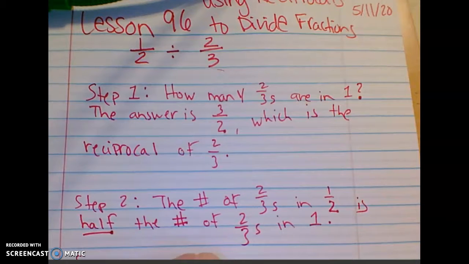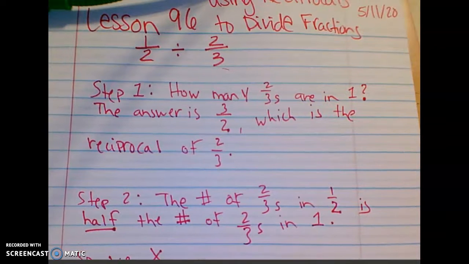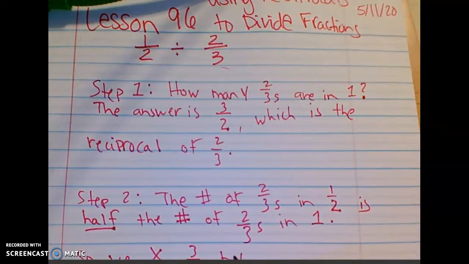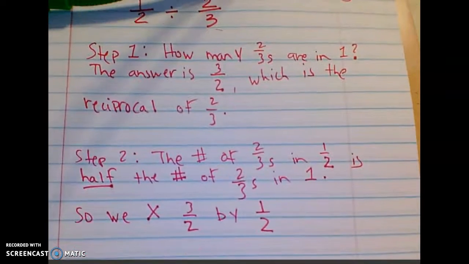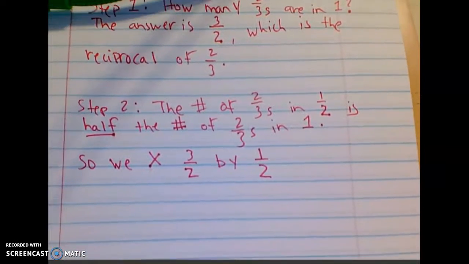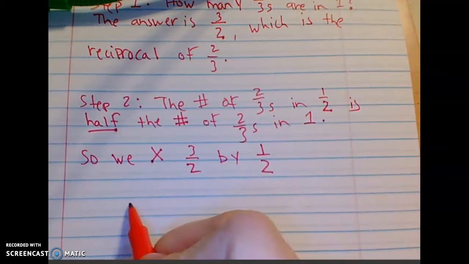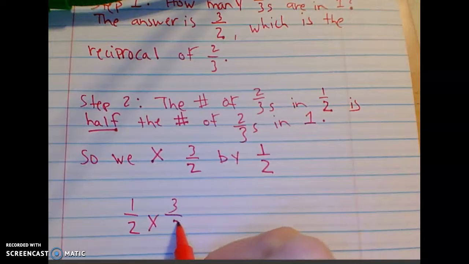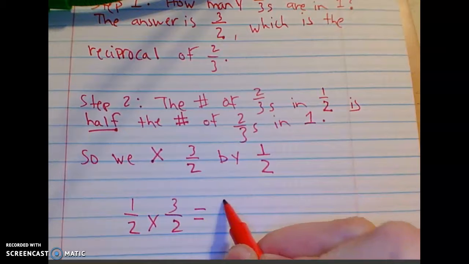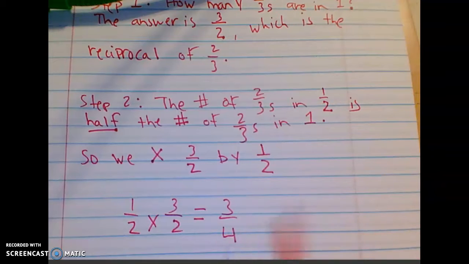So then we're going to multiply 3/2 by 1/2, which will look like 1/2 times 3/2, and that's going to be 3/4. All right?